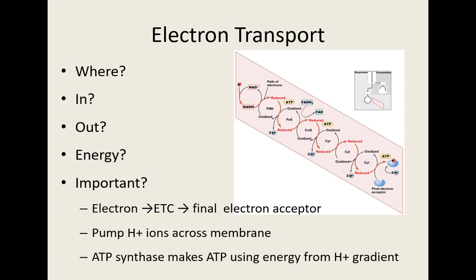Which means ultimately, how many ATP do you make out of the whole process? 38. However, not all organisms do 34. Some are more efficient at pumping hydrogens across, some are not. Sometimes some bacteria have really weak membranes and the hydrogens kind of just sneak through without going through the enzyme, which means then they don't turn it and they don't generate as many. This number can fluctuate anywhere between 30 and 38, or just around 34. But it can change depending on the organism.